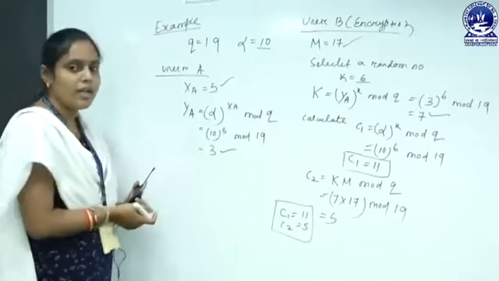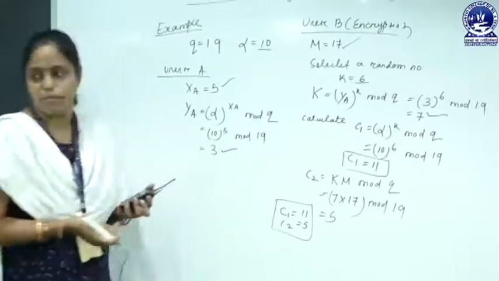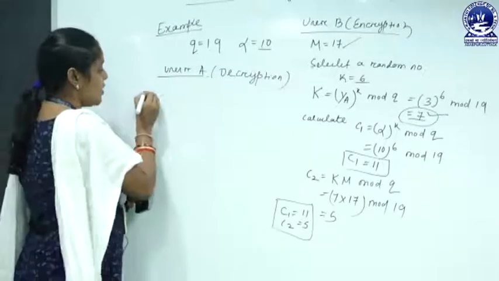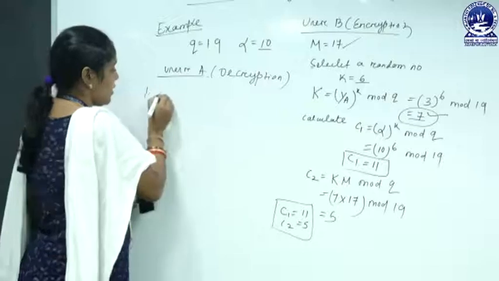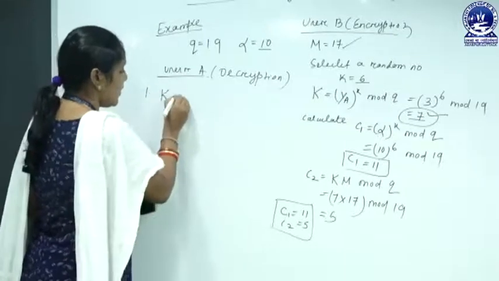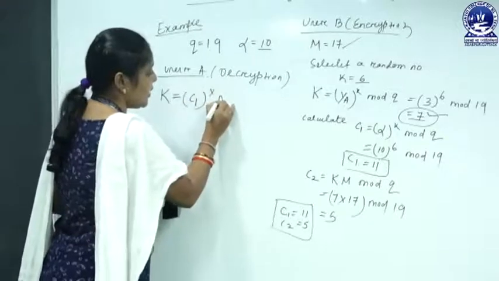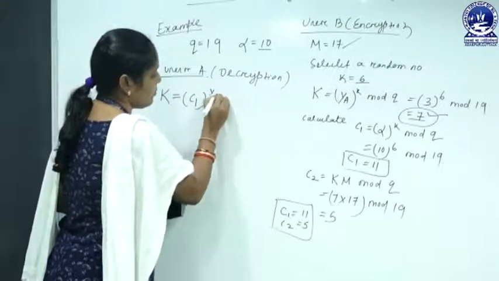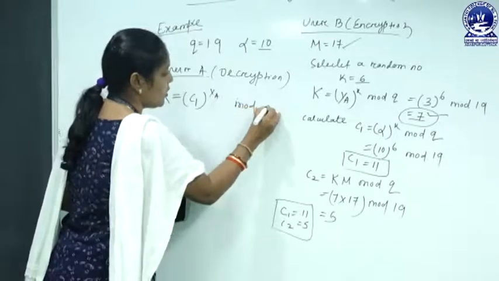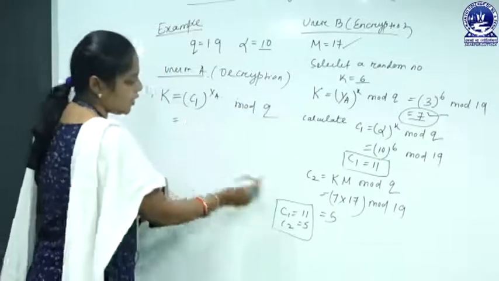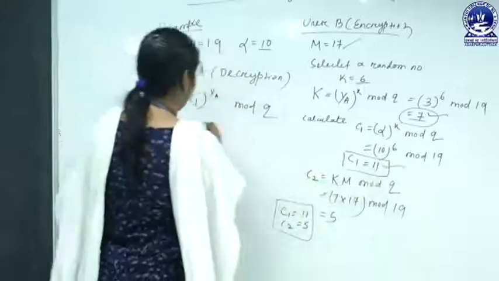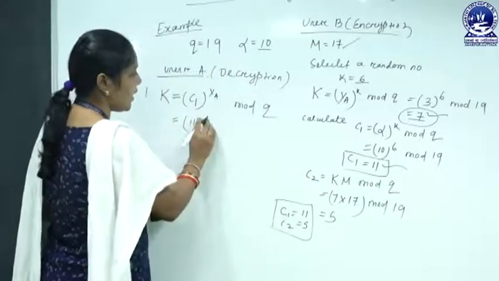Now the user A uses the decryption algorithm. During the decryption, the user A generates the secret key K, that is equal to C1 to the power xa mod q. Here look at the C1 value, that is 11. That means 11 to the power xa.